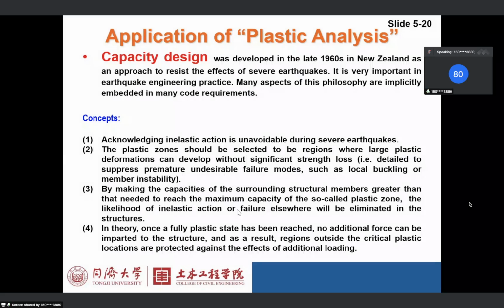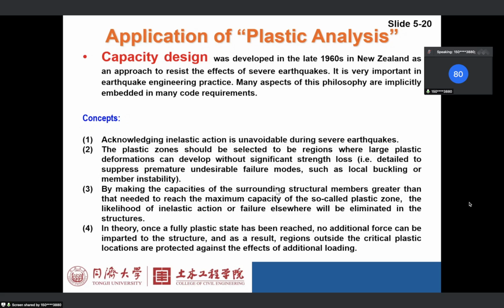Here are some concepts for you to understand. First, we need to acknowledge that inelastic action is unavoidable during severe earthquakes. It must happen. The plastic zones should be selected to be regions where large plastic deformation can develop without significant strength loss.